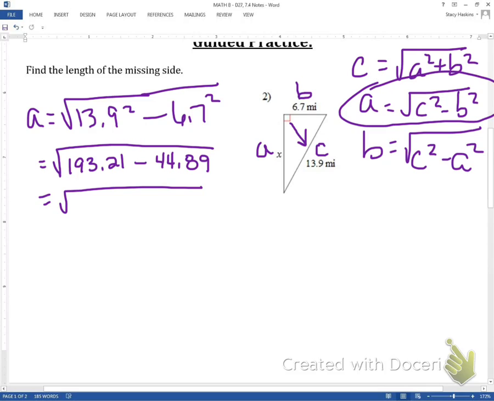So I take 193.21 minus 44.89. And I got 148.32.